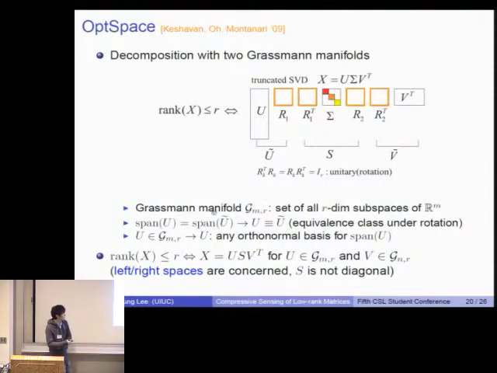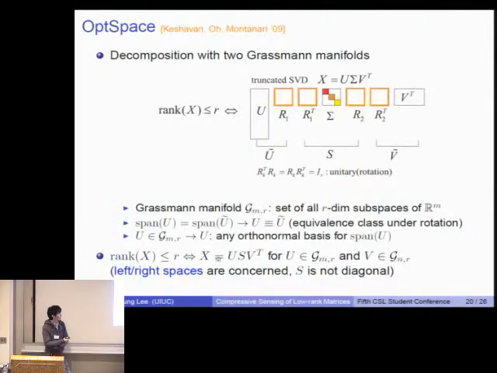Actually, the Grassmann manifold is just the set of all r-dimensional subspaces of R to the m. So if we say the matrix U lives in the Grassmann manifold, it implies that U stands for any orthonormal basis for the subspace spanned by U. Then the rank constraint can be interpreted in this way.